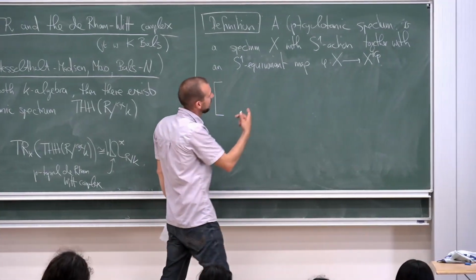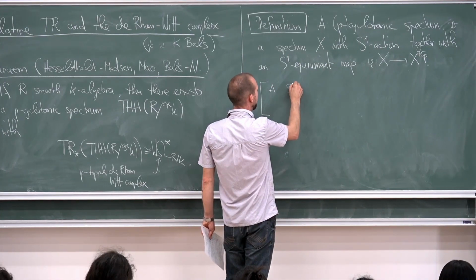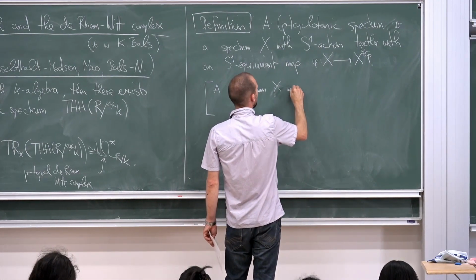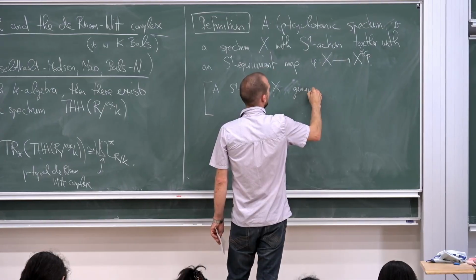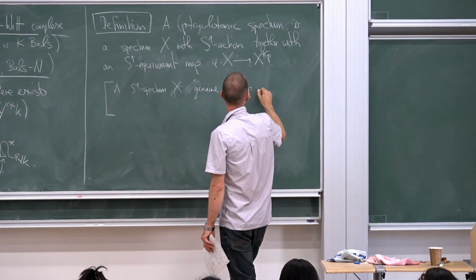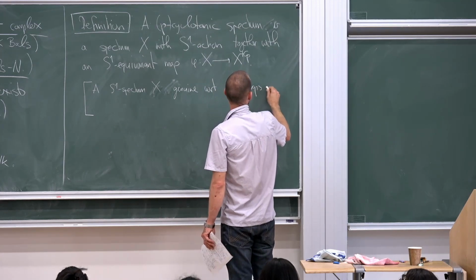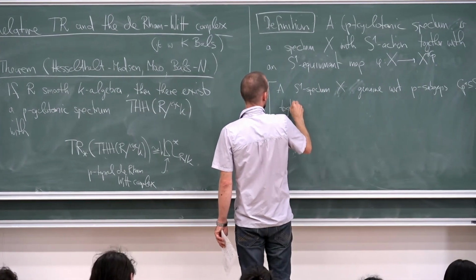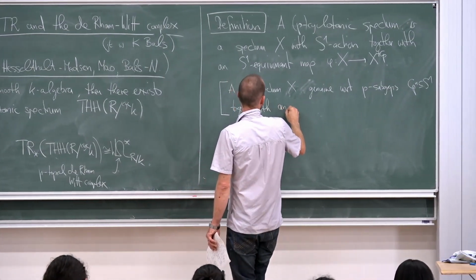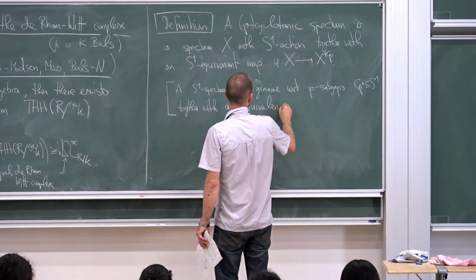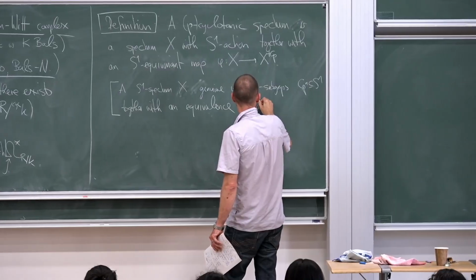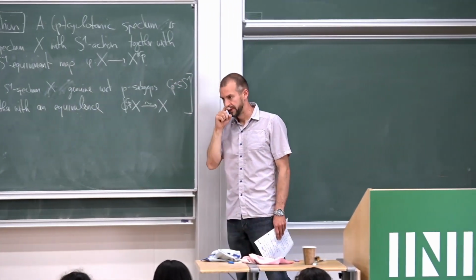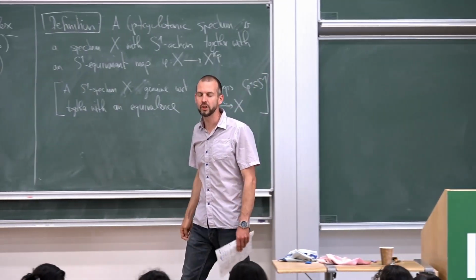So if I wanted to say this equivariantly, then I would say an S1-spectrum X, genuine with respect to the family of p-subgroups of S1, so all C_{p^n} in S1, together with an equivalence of the geometric C_p fixed points of X with X. And the square notation means these two categories are essentially equivalent.